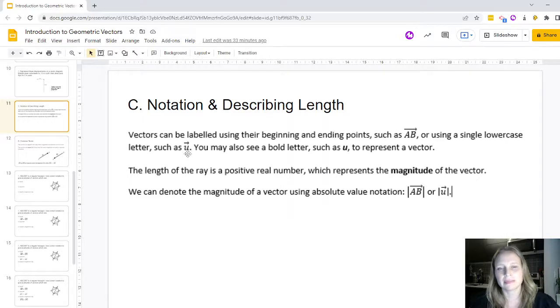And in some cases, you might see just a bold letter like bolded u to represent a vector. The length of the ray or the length of the vector is a positive real number, and that represents the magnitude of the vector. And we can denote the magnitude using absolute value notation, like that.